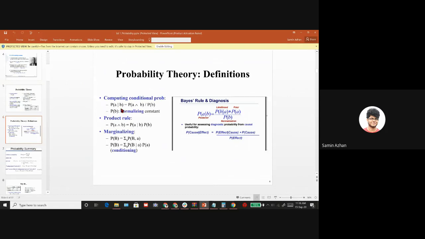For conditional probability, if we're trying to calculate the probability of A given that B is true, then the equation is probability of A and B divided by probability of B. And probability of B here is known as the normalization constant. We'll be diving more into this a little later.